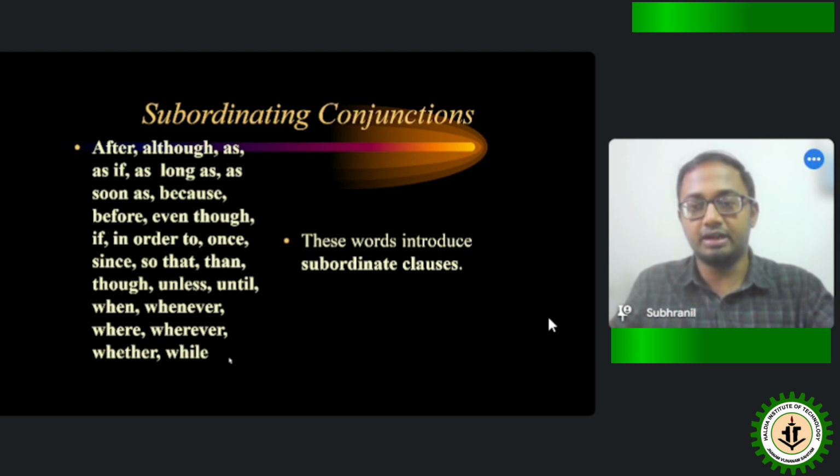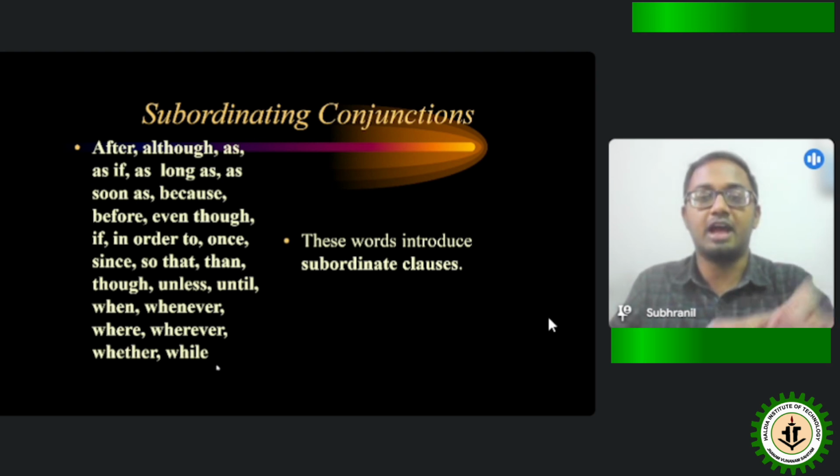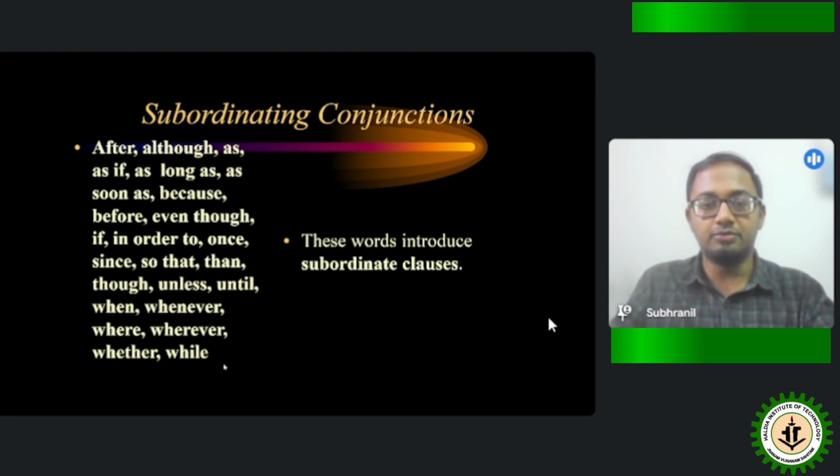So this is where you are introducing subordinate clauses with the help of these subordinating conjunctions: because, before, even though, if, in order to, once, since, so that, then, though, unless, until, when, whenever, where, wherever, whether, and while.